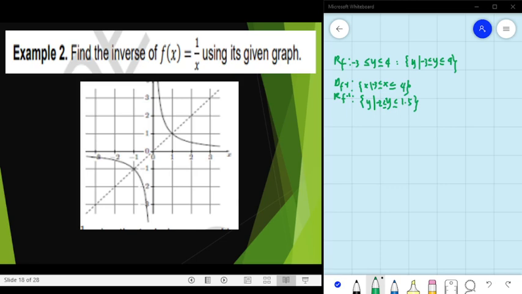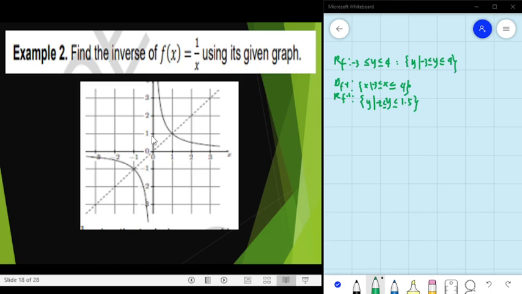If we put the line y equals x, this broken line, notice that the given graph is symmetric with respect to the line y equals x. Meaning, each branch is a reflection of the other.